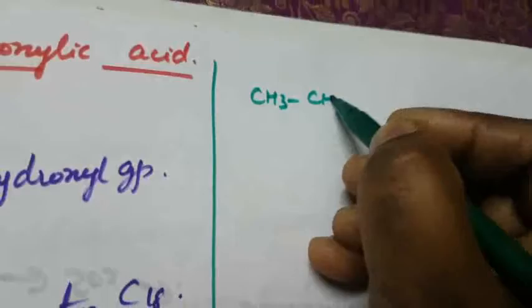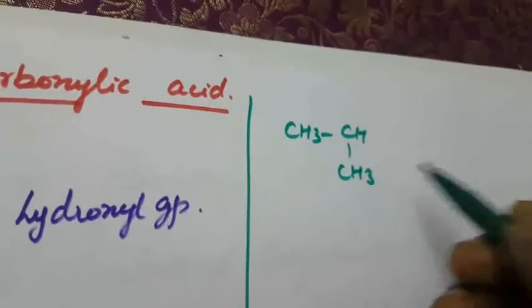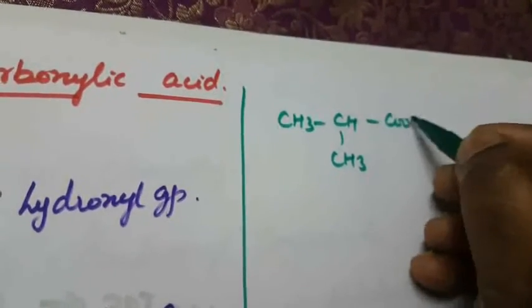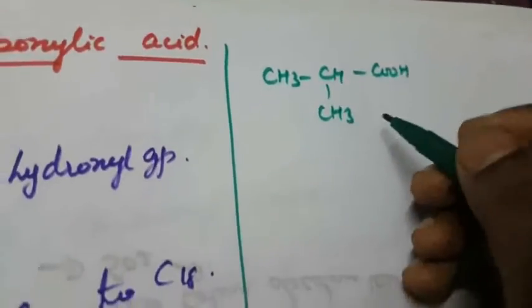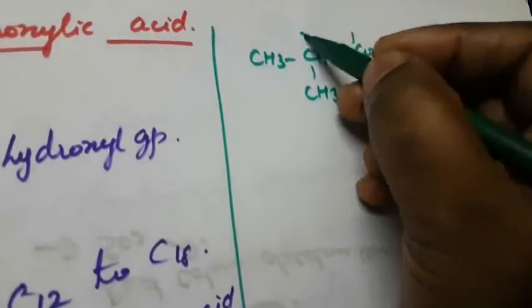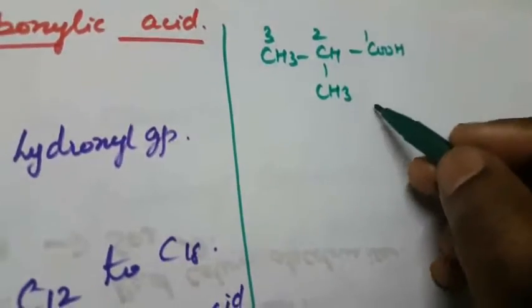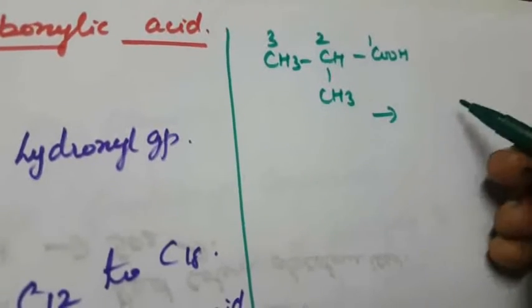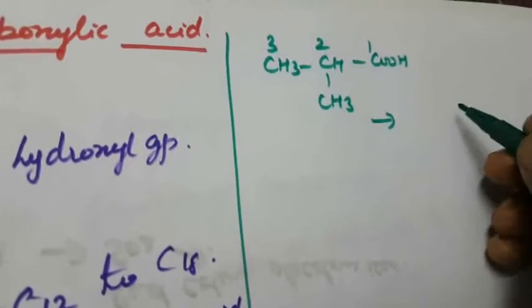Next one, the compound I am writing here: CH3, CH, CH3, then COOH. How to write the IUPAC name? How to number this compound? 1, 2, 3. Three carbons, so the root word is prop.